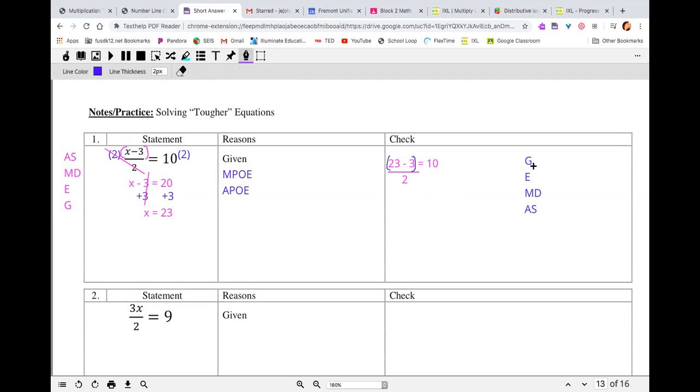Now I have a group. So what do I want to divide first, or do I want to do 23 minus 3 first, because now it's a group? I can see clearer it's a group. Multiply first. When I'm looking over here, I don't see multiply.